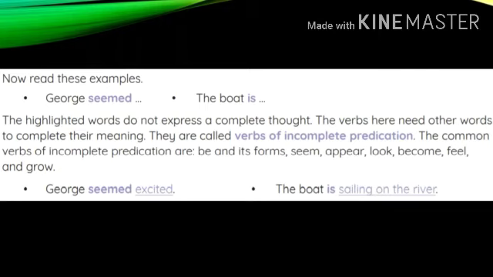So first we found out verbs of complete predication, and now we are finding out about verbs of incomplete predication. The common verbs of incomplete predication are be and its forms. Be and its forms means what? Be, is, am, are, was, were. Then seem, appear, look, become, feel, and grow.